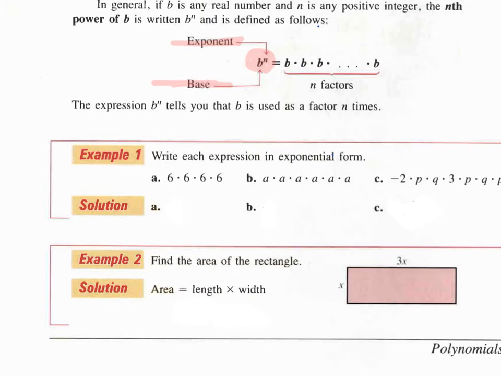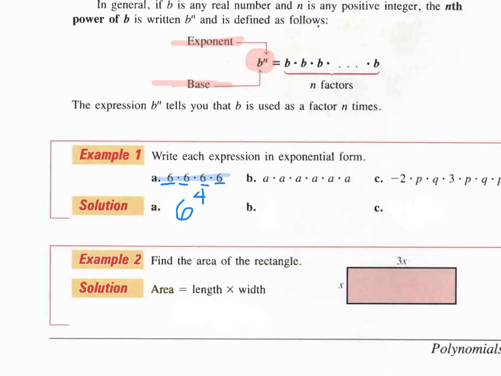Now, if they give you a repeated multiplication like this one, and they want you to write it in exponential form, all you're going to do is count how many times you see the number. So I could count that I have 1, 2, 3, 4 6s here. So I would write this as the base is 6 and the exponent is 4, so 6 to the fourth power.